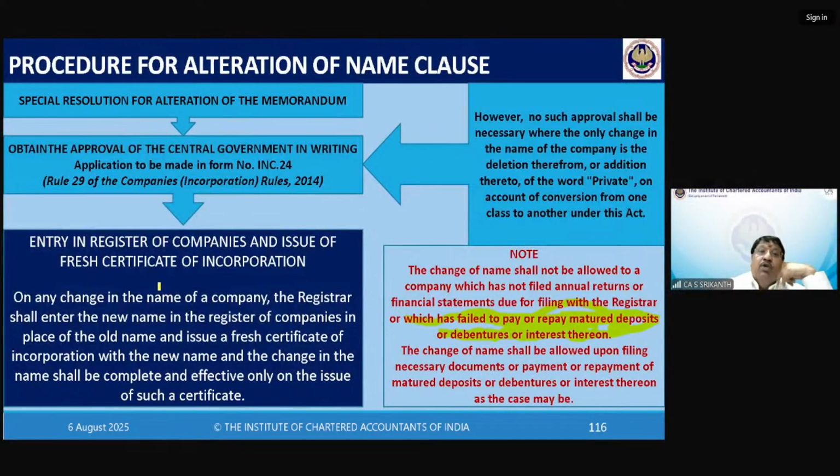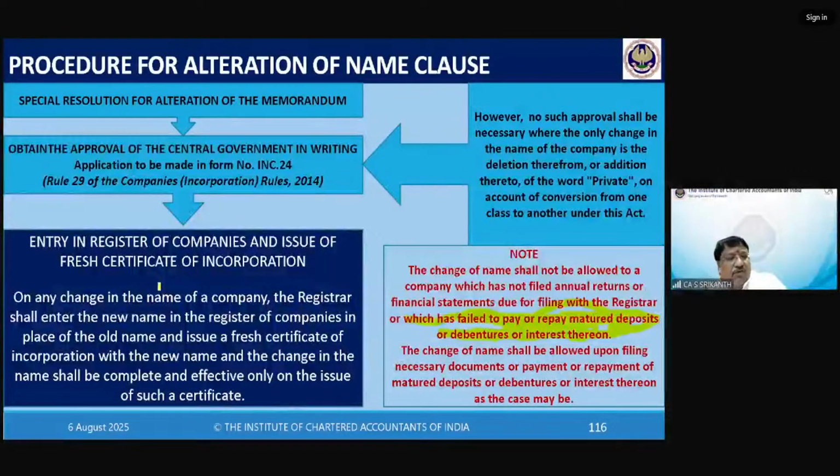See, in the exam, they will say, so-and-so company wants to change its name, advise the procedure. Also, in part B, they will say, what will your answer be if you are informed that the company has not paid the matured deposits? Then you have to say, in that case, the company shall not be allowed to change its name unless it has repaid the matured deposits. So once it makes good the default, it can come. Okay.